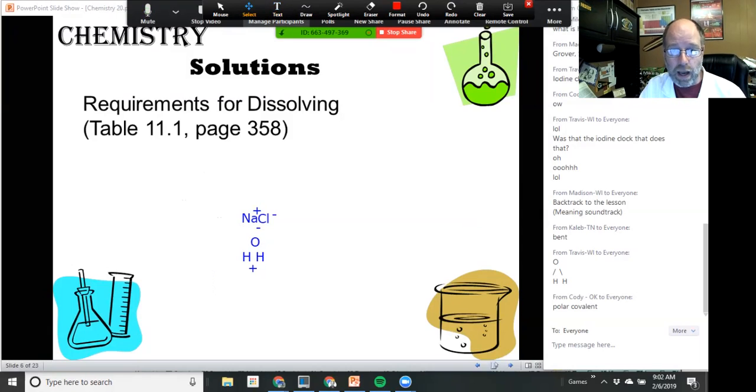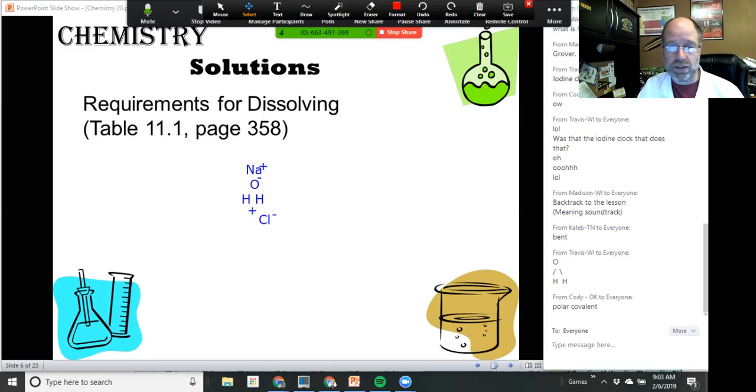And because it's an ionic substance, you find that the water is actually able to squeeze its way between the chlorine and the sodium. And it's when water squeezes between them that they break into their individual ions, and now they are dissolved in that solution.